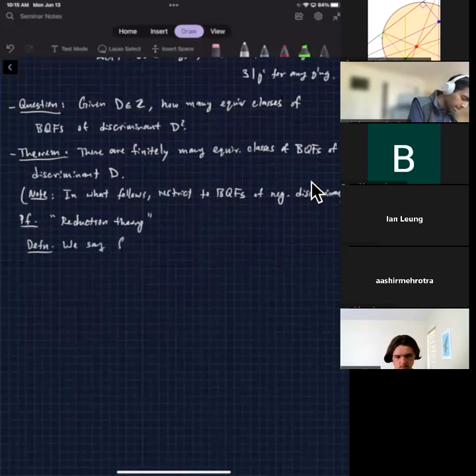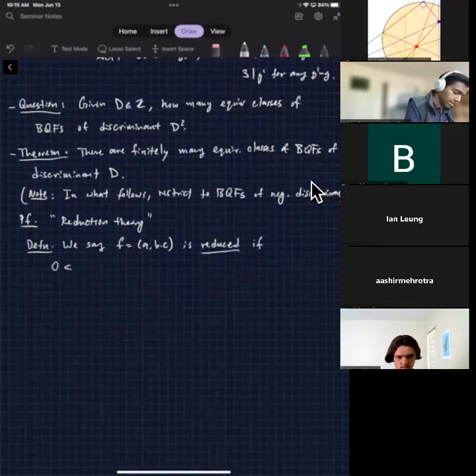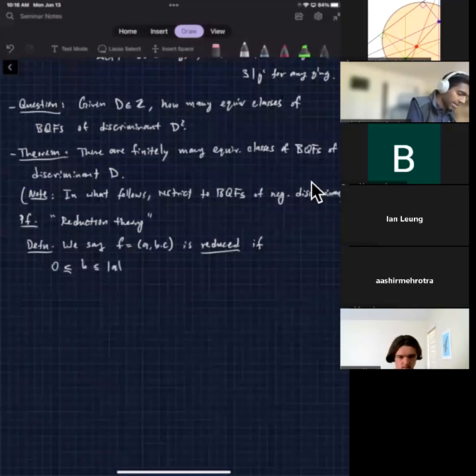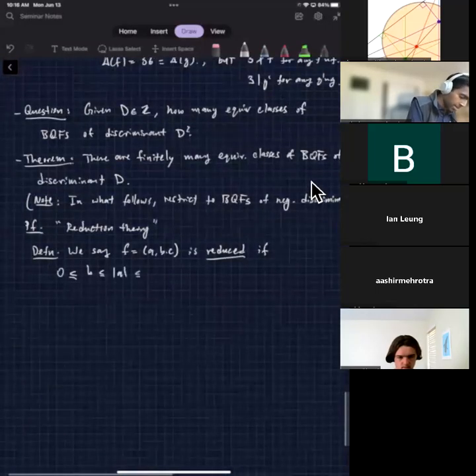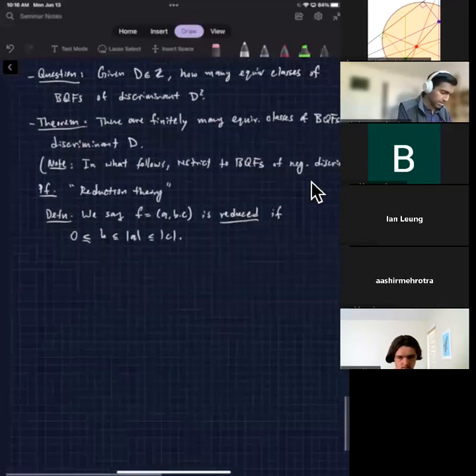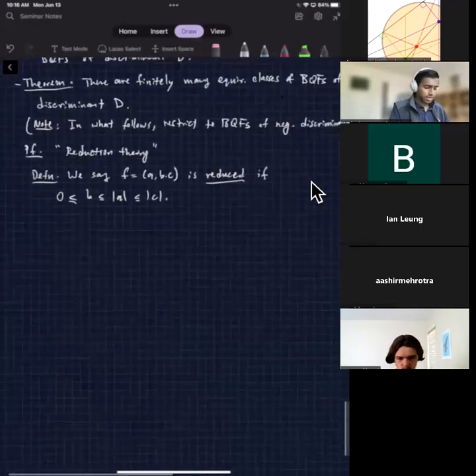For that, I need to make a definition. We say that a BQF ABC is reduced if 0 is less than or equal to B is less than or equal to the absolute value of A is less than or equal to the absolute value of C. So that's the notion of reduced. It's just some restraint on where the coefficients can lie.